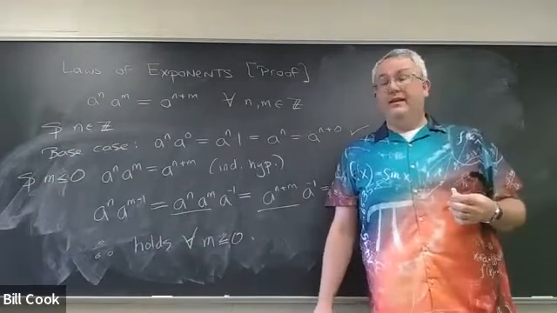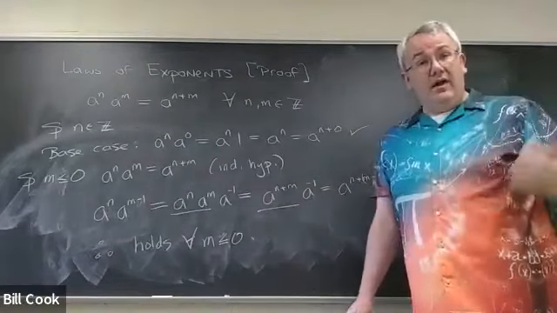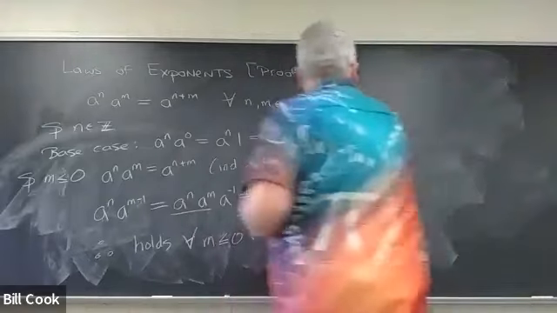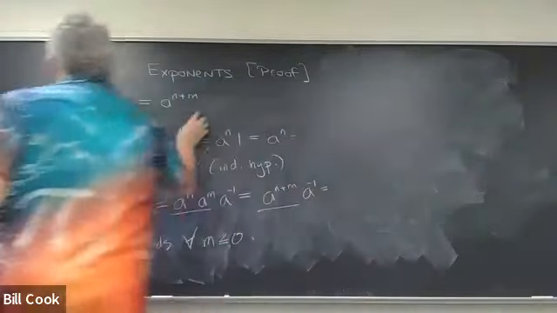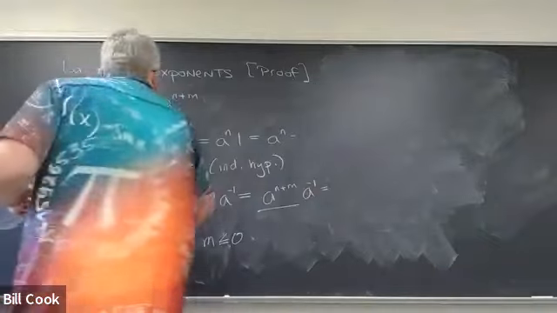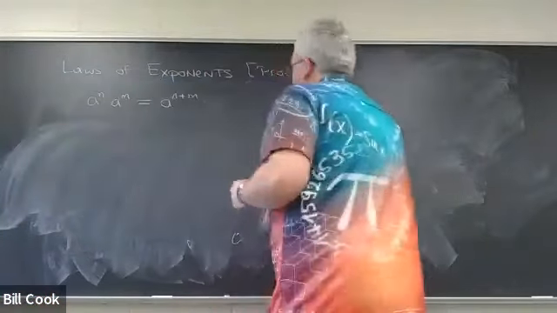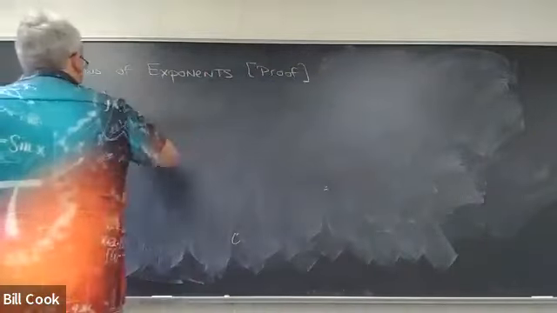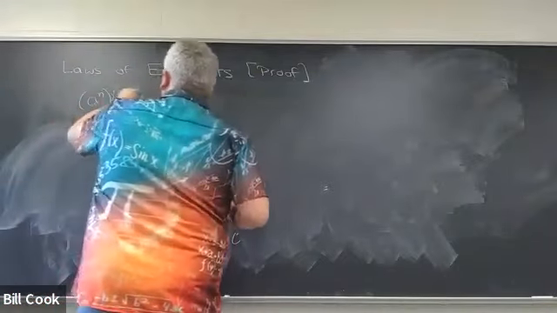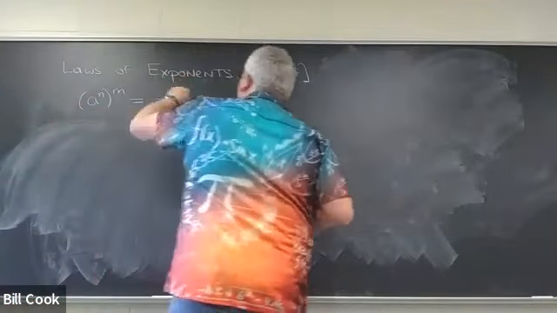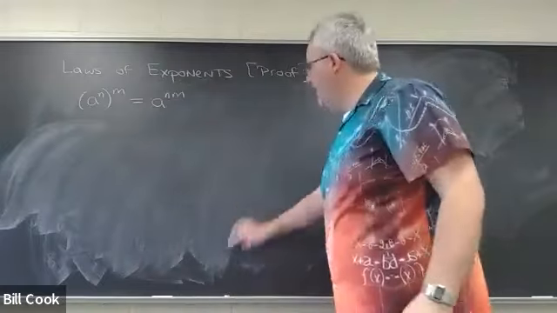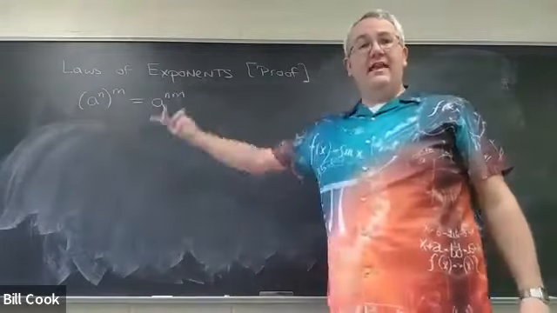All right. Let's go to another law of exponents. Again, this is another one of those ones where I'll just say that it holds and I won't worry about it. But let's go ahead and prove it. A to the m, A to the n to the m power.